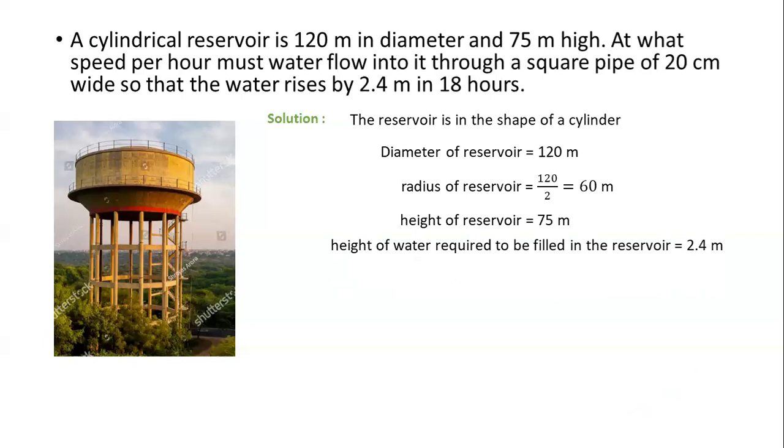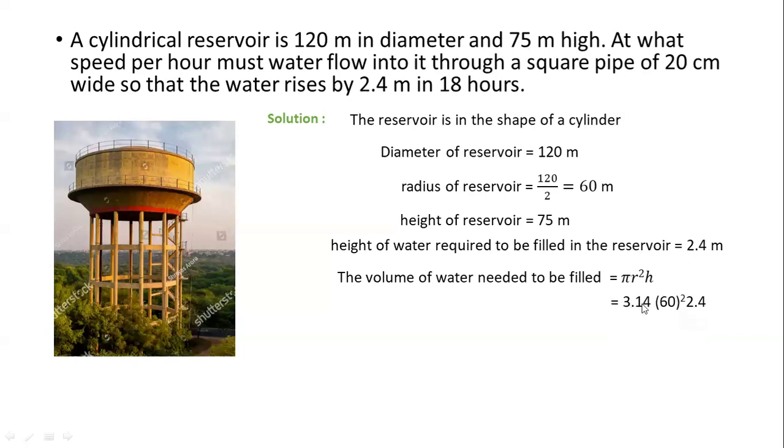There is some water already in the reservoir. We need to add another 2.4 meters of height of water. Since it's a cylinder, the volume of water needed is given by the formula pi r square h. Let's put the values.